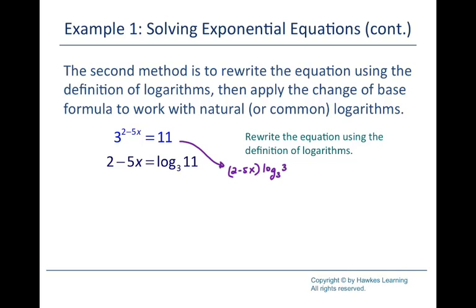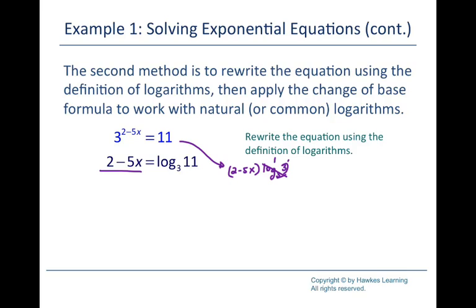Well, remember, when the bases match, all of that equals 1. So 2 minus 5x times 1 is just your 2 minus 5x. So that's how they get this. And then they take the log base 3 of 11.